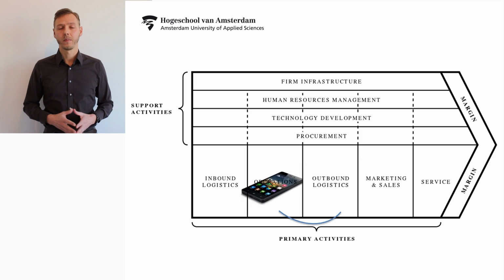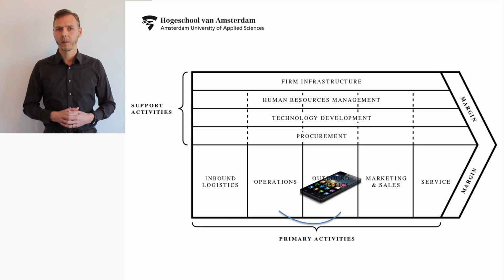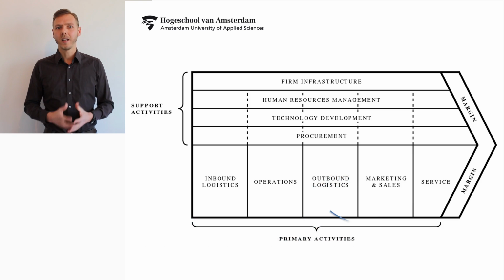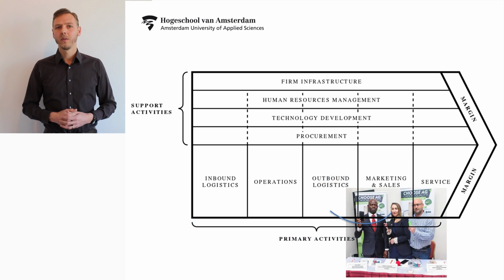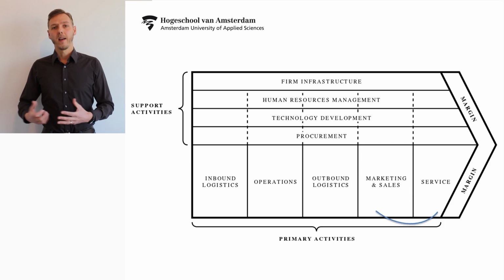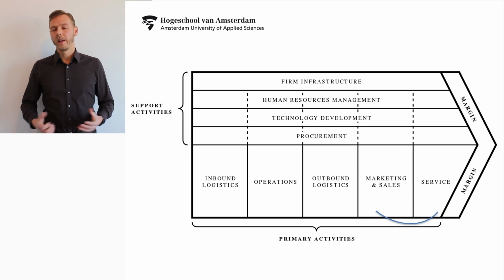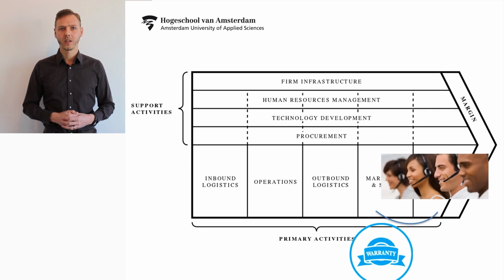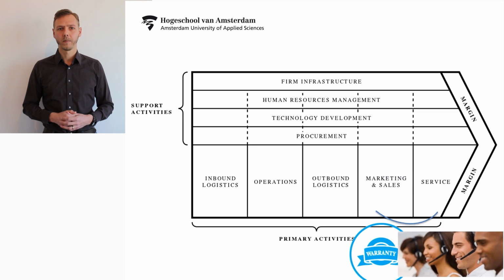See it as a plant with all these workers working on their product and constantly giving them to the next department. Marketing and sales obviously has to do some marketing and has to sell the products that you have produced. And if that goes efficiently, then your product will be at your retailers or your shops. If they are being sold there, afterwards, obviously, you have the service, for instance your call centers and your warranties, etc., which contain your services.